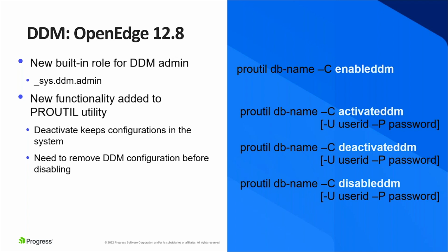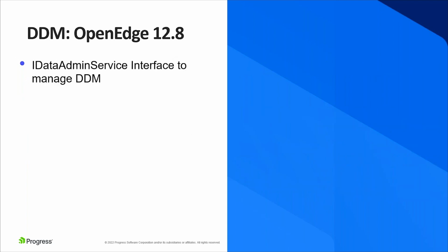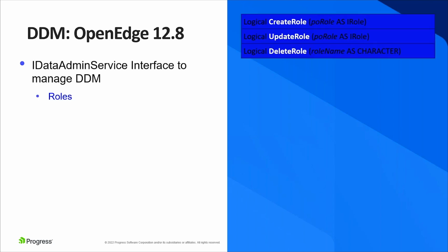Now, what about the configurations? To feed the configuration in the system, we have provided a new service, the DDM Data Admin Service. As we saw in our previous slides, we need to add new user-defined roles in the system. For that, the DDM admin service provides APIs to create, update, and delete roles.